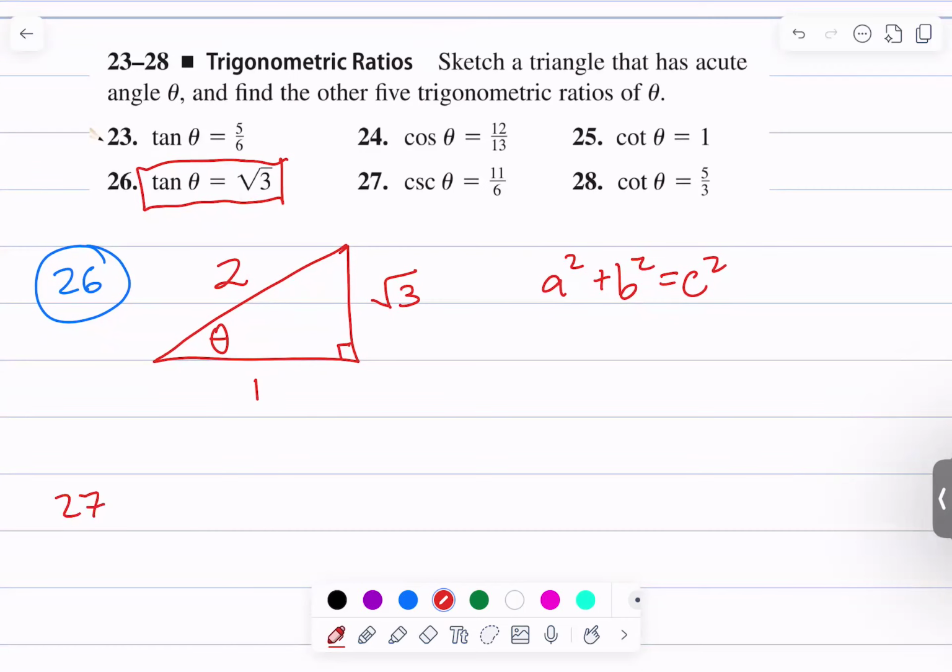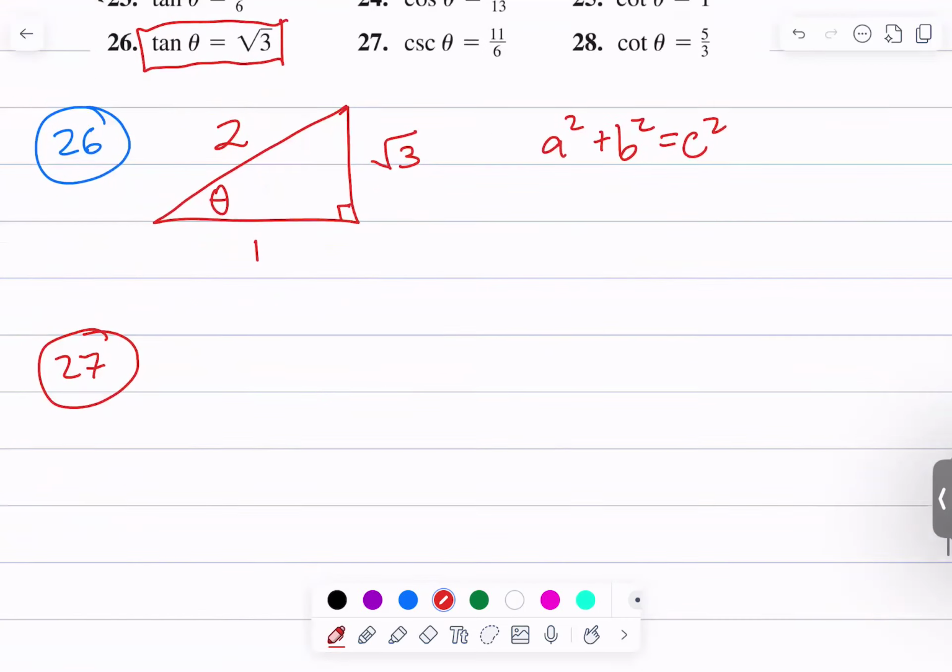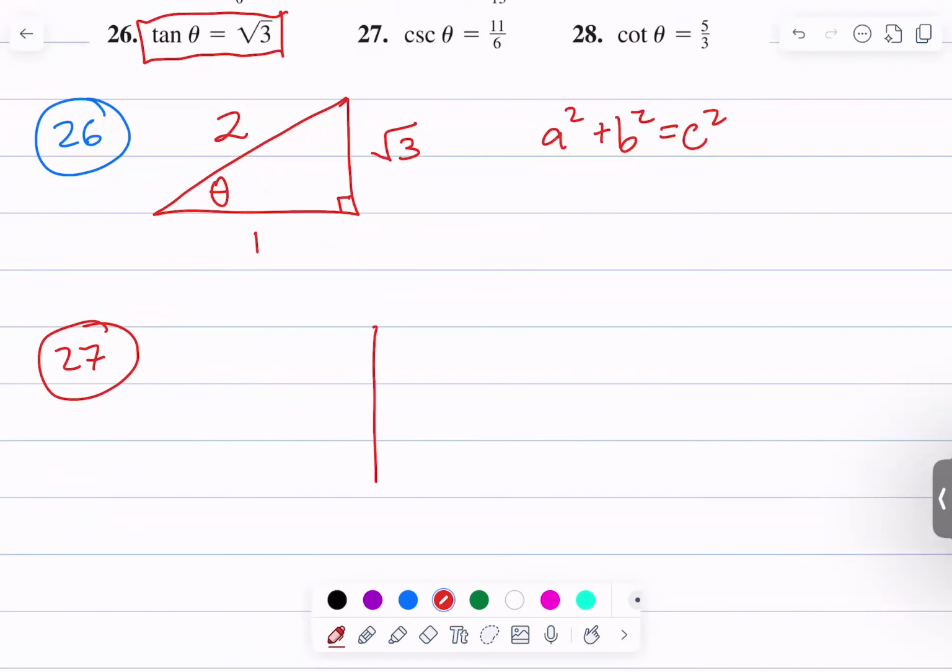27. If I have a triangle like this, and I have this as my theta, cosecant, that's hypotenuse over opposite, the reciprocal of sine, right?